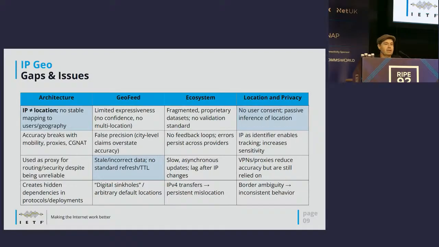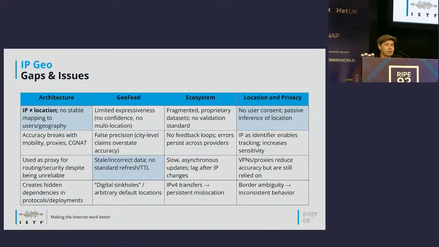But there were a bunch of other things also exposed as gaps. IP addresses don't really have a geography. They move around. They weren't originally intended for this sort of use. The CSV format also doesn't have anything saying when the file was last updated. So if you've got a GeoFeeds file that's 10 years old, is this still actually valid?